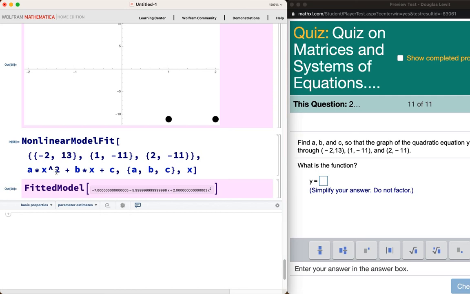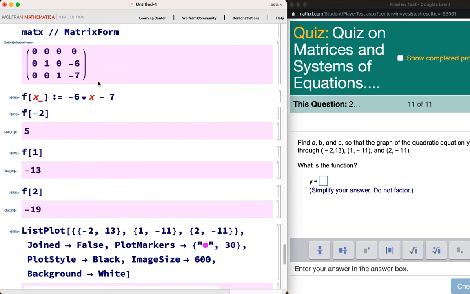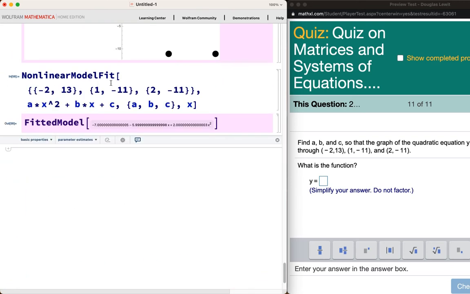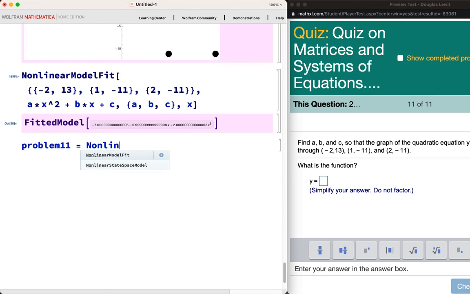There we go. So I'm cheating a little bit for this problem, because for some reason the matrix that I set up didn't work. I don't know why. Maybe I made a mistake, but I'm simply going to use the built-in function nonlinear model fit. I'm going to save my answer in a variable called problem number 11.